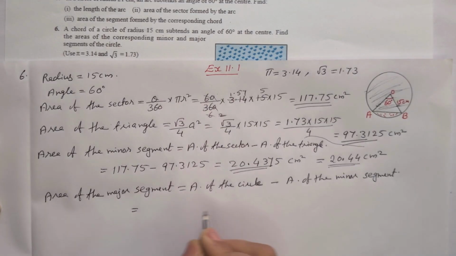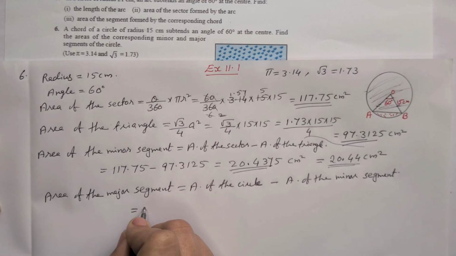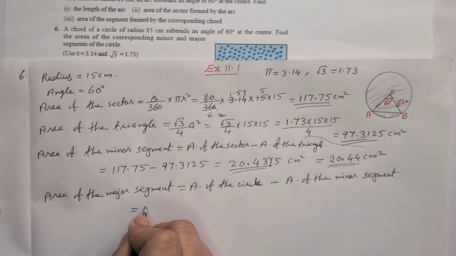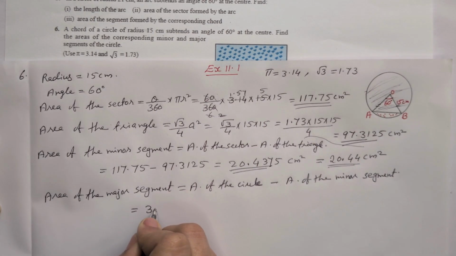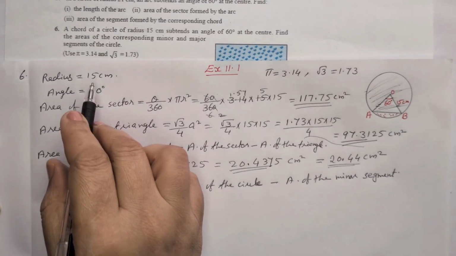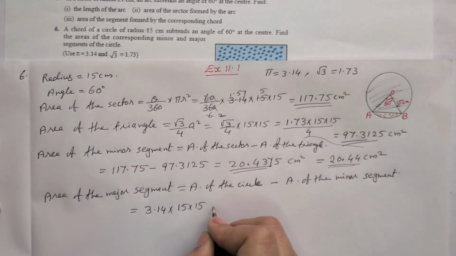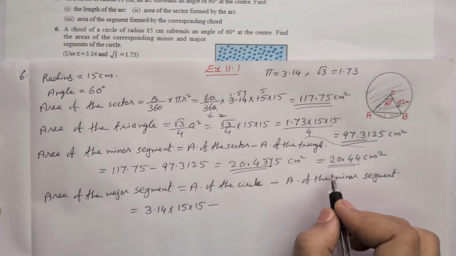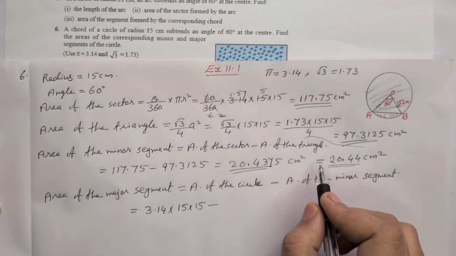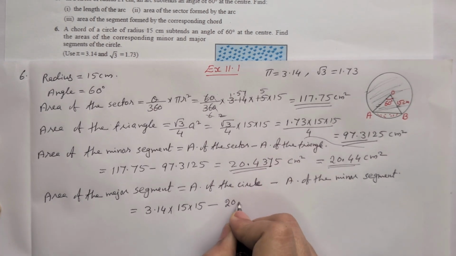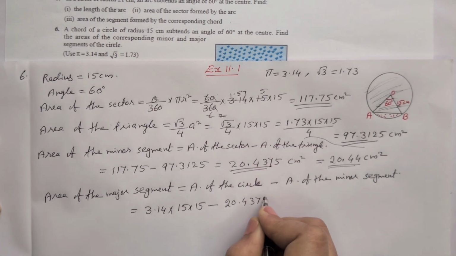So which is equal to area of the circle, we know that pi r square. So value of pi is here given as 3.14, radius is 15. That minus, already here we got the answer, that is area of the minor segment as 20.4375.